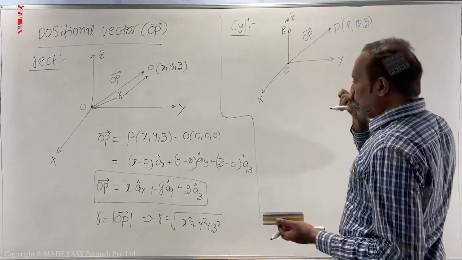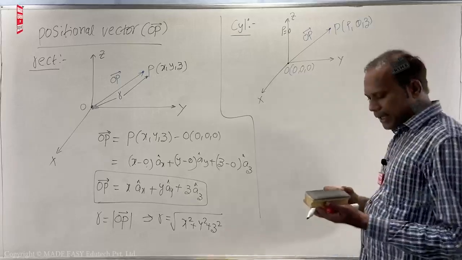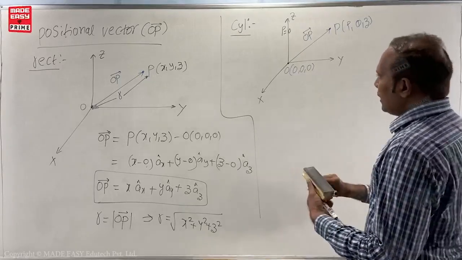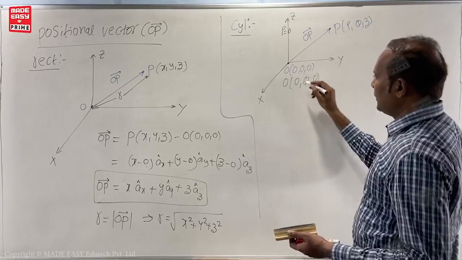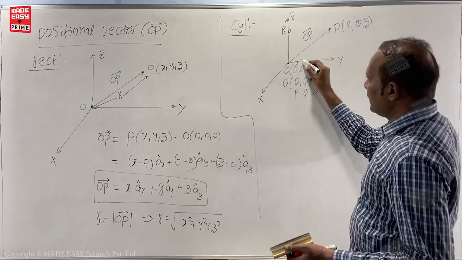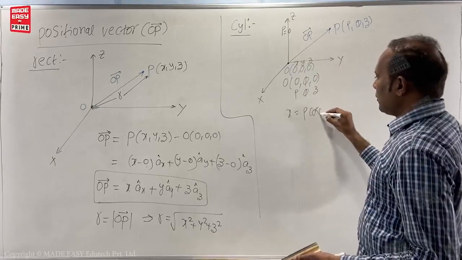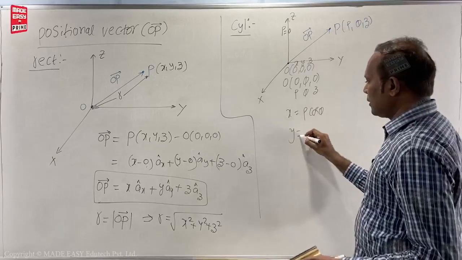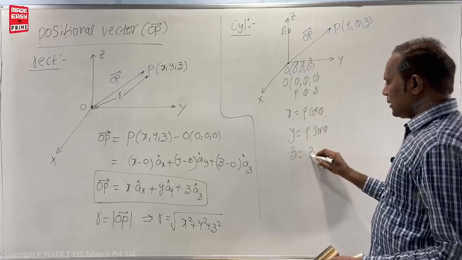This is origin. Actually, origin is 0 comma 0 comma 0 in the rectangular coordinate system. Now in the cylindrical system, this origin becomes 0 comma pi comma 0. If you convert this, this is rho pi z. This is x y z. Now x is equal to rho cos pi and y is equal to rho sin pi and z is equal to z.